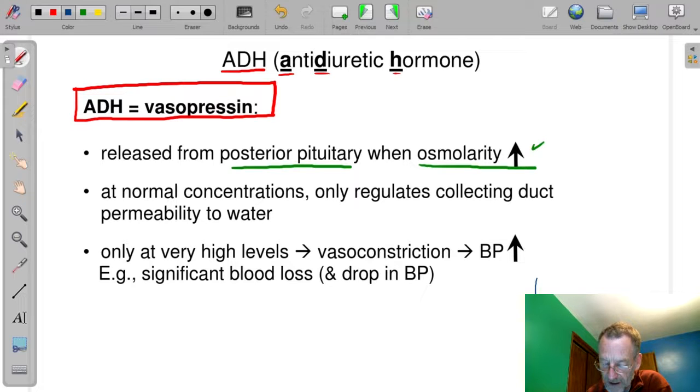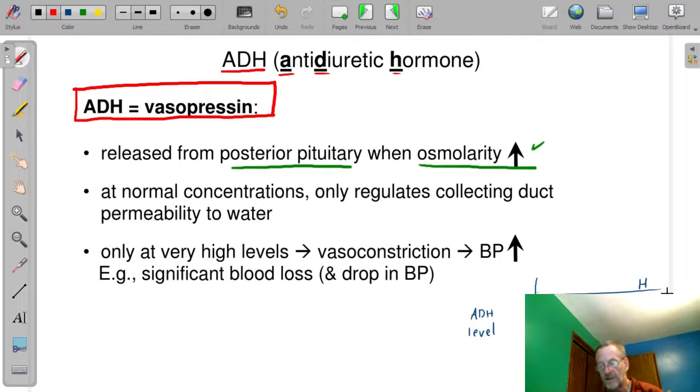If we look at ADH levels on a set of axes, with this being time, maybe hourly, and this being the ADH level, there's again a high limit and a low limit, and normally ADH is fluctuating in here throughout the day.